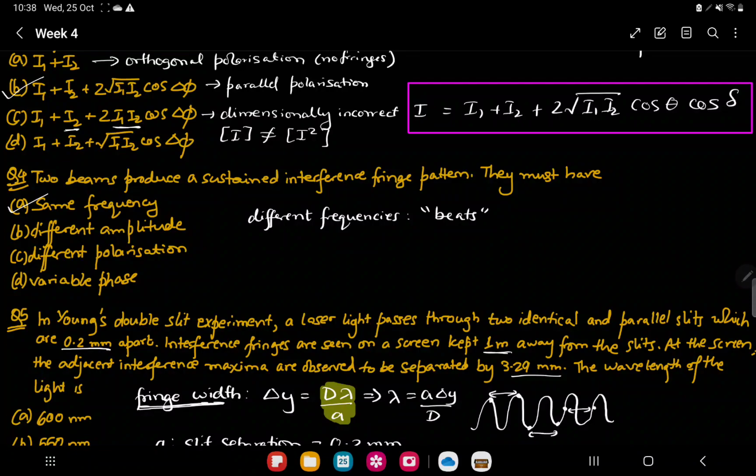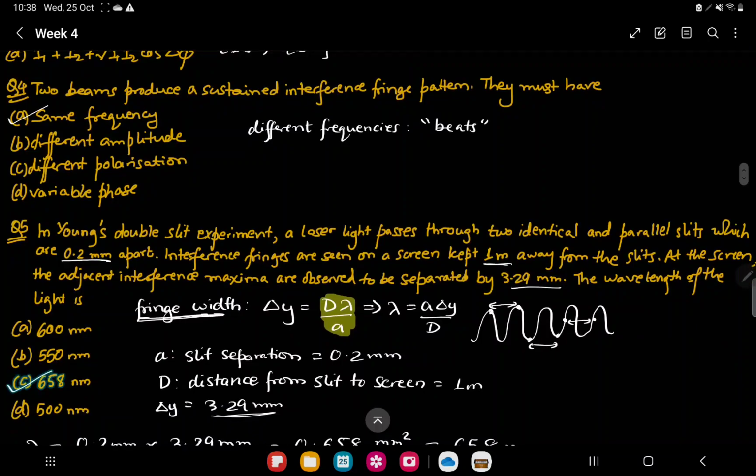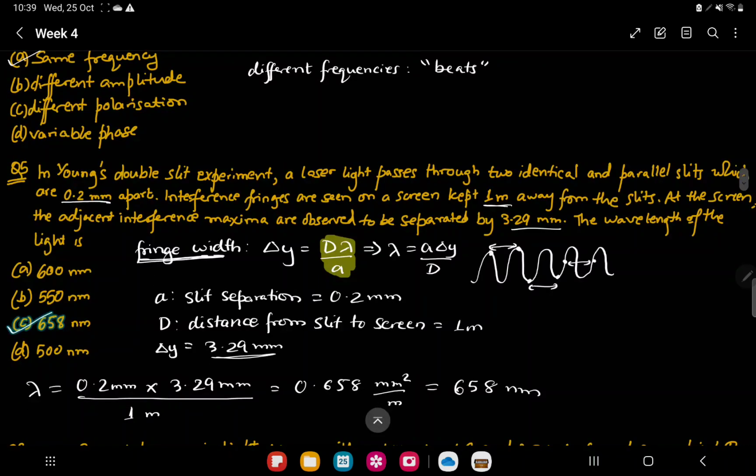In Young's double slit experiment, a laser light passes through two identical and parallel slits. We are given the distance between the slits and the screen, the slit separation and the fringe width, and we are asked to find the wavelength.